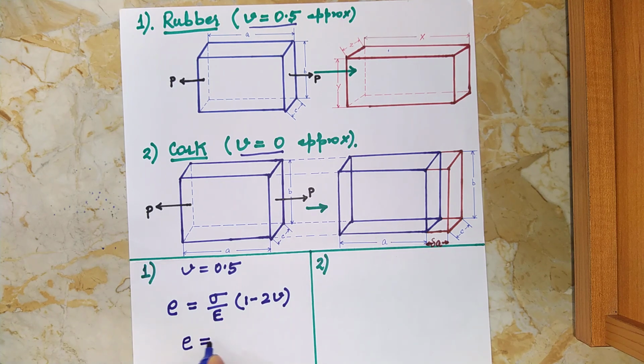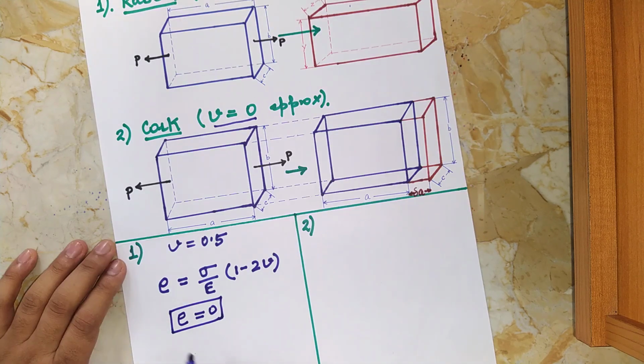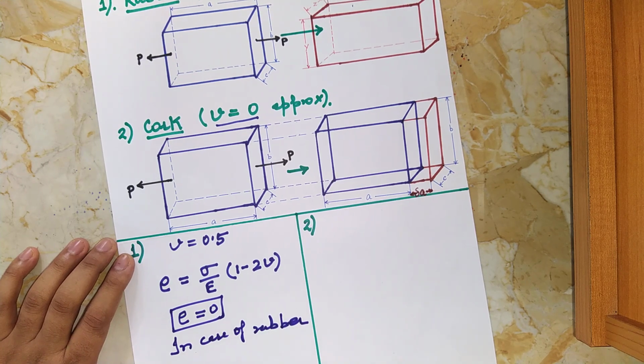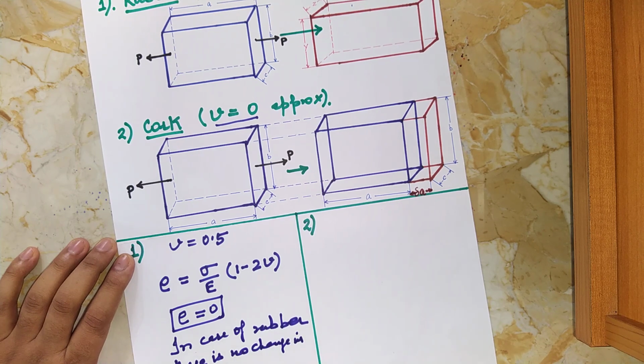So our dilation will become 0. This means that in case of rubber, there is no change in volume. But this is a special case.